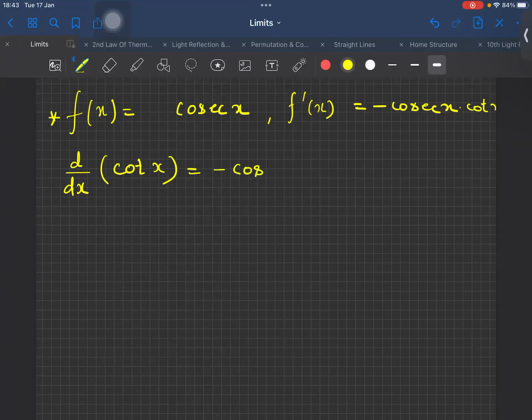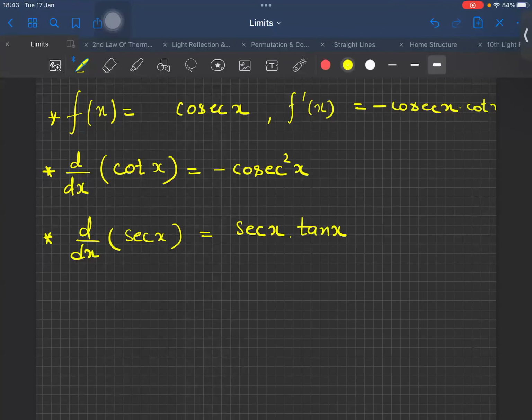Minus cosecant square x. All right. Derivative of which one is left? Secant of x. Anyone please tell me? Secant of x into tan x. Yeah. So this is the derivative.